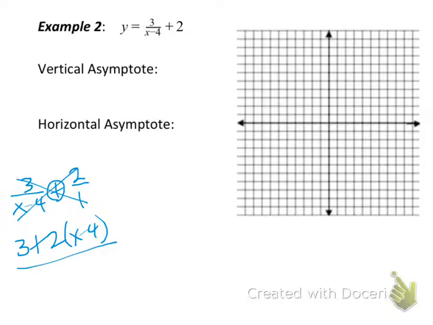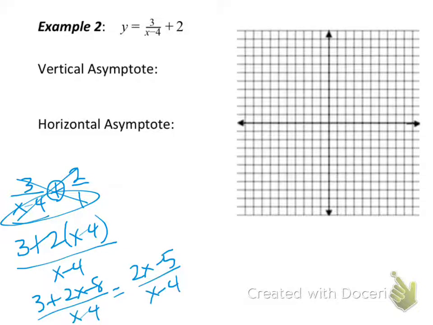Then we multiply together the denominators, so x minus 4 times 1 is just x minus 4. Distributing the 2 in the numerator, 3 plus 2x minus 8 over x minus 4. Then combining like terms, we get 2x minus 5 over x minus 4.